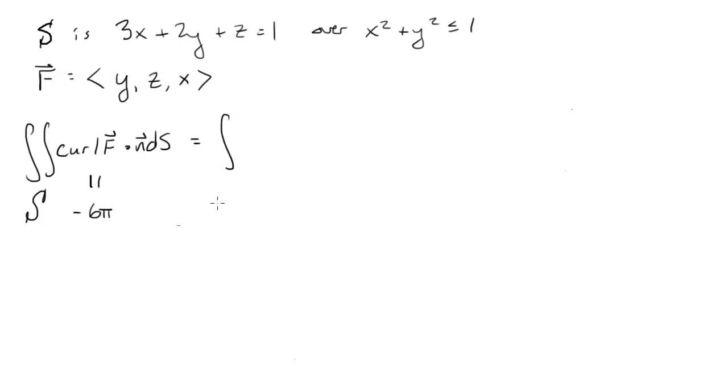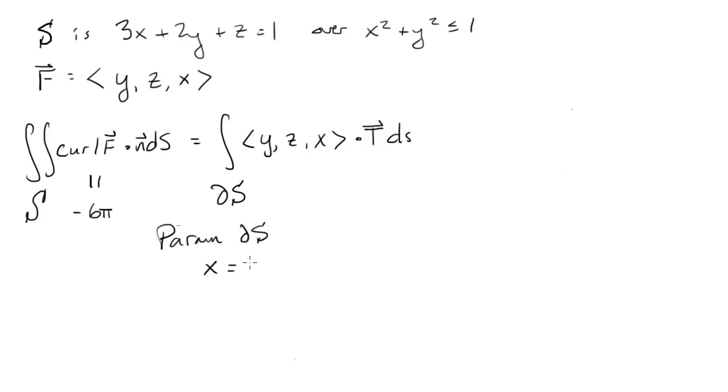We can also do it now as the boundary integral of F dot T. So F dot T dS around the boundary. So I need to parameterize the boundary curve. x is cosine theta because r is 1 is my boundary, and z equals 1 minus 3x minus 2y.